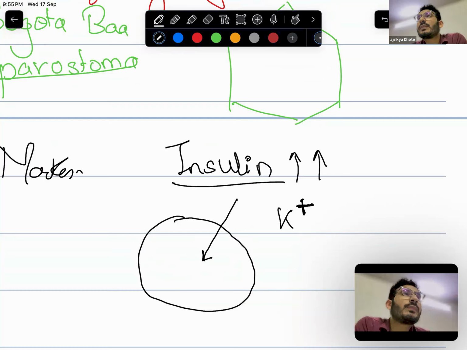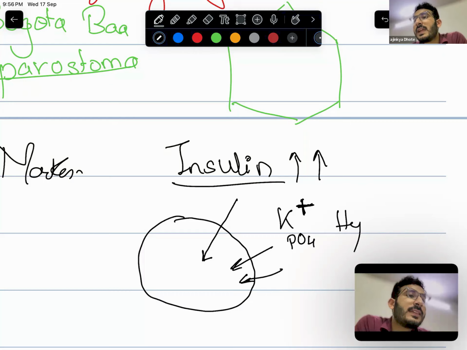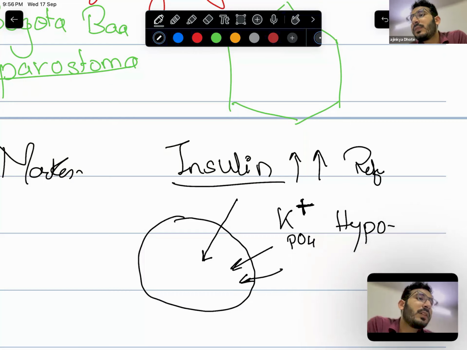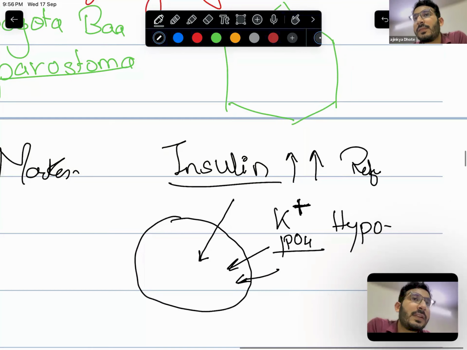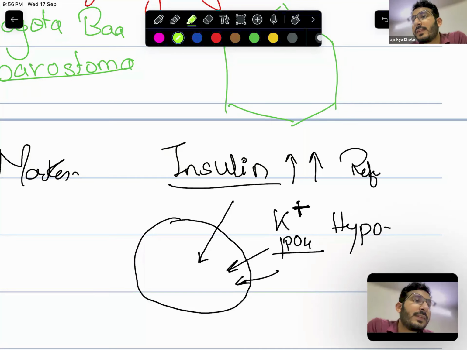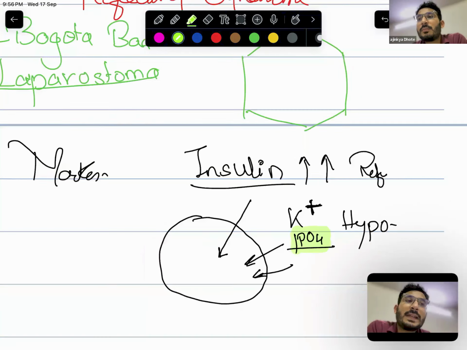So whenever you ask about refeeding syndrome, all the ions, your calcium, magnesium, all of them start moving inside the cell. So there's a generalized hypo seen in refeeding syndrome. Hypophosphatemia is a very significant feature of refeeding syndrome. Many a times you ask this as a question. Refeeding syndrome: hypophosphatemia, hypokalemia, hypocalcemia. So that is important.